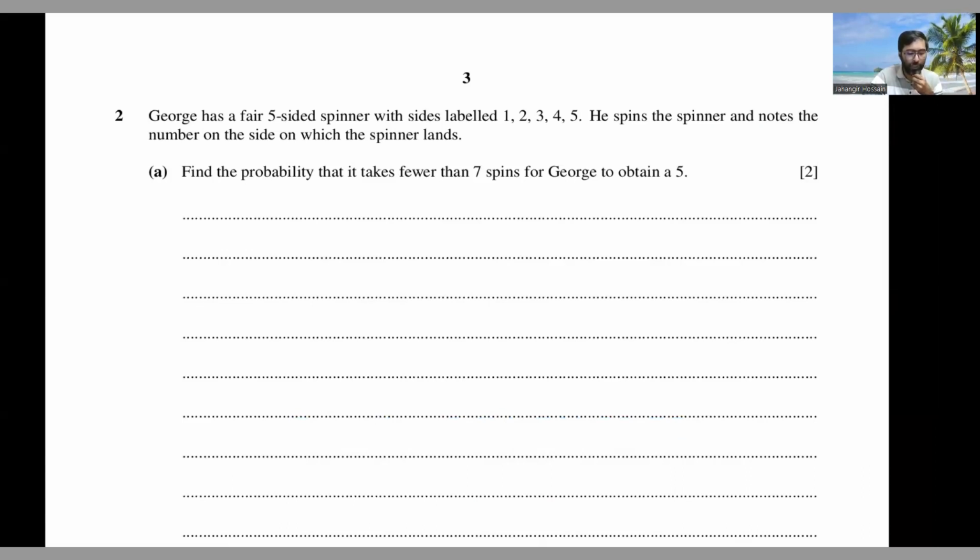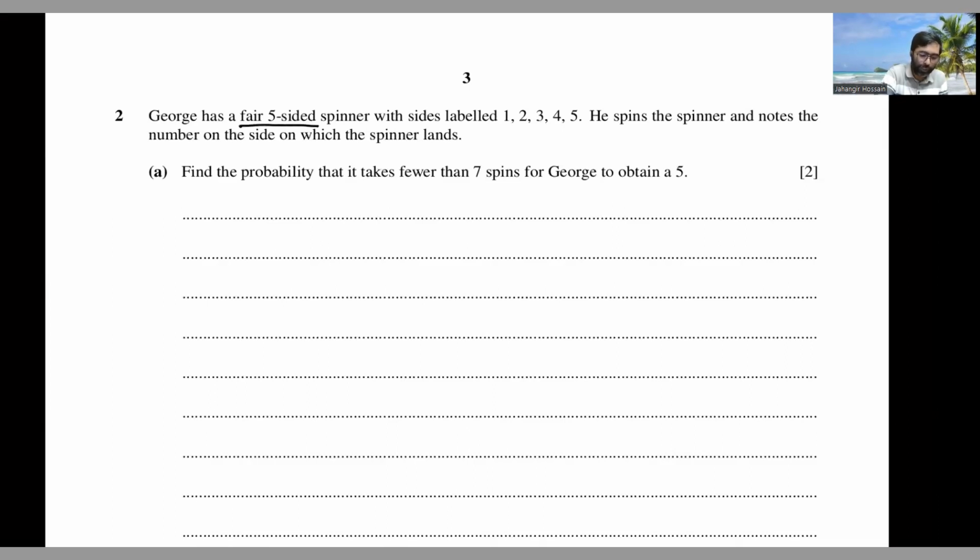You see, the number of spins is not fixed, rather George will continue to spin until he obtains a 5. The probability of obtaining 5 is 1 by 5, since it's a fair five-sided spinner.